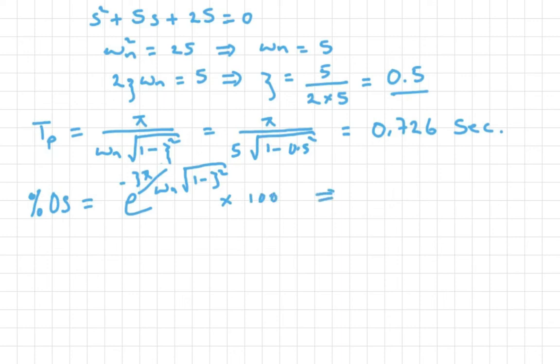So if you substitute for your zeta and for your omega n, you will then arrive at a percentage overshoot of 16.3%.